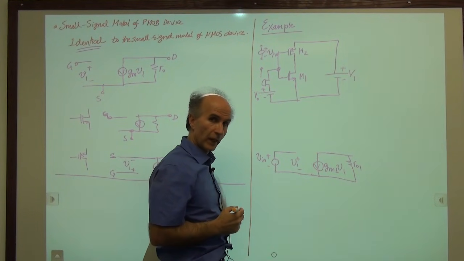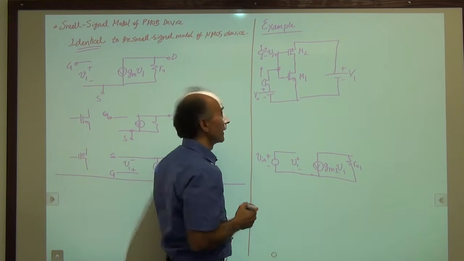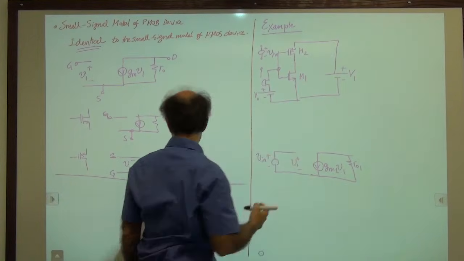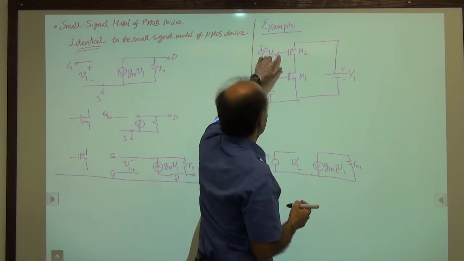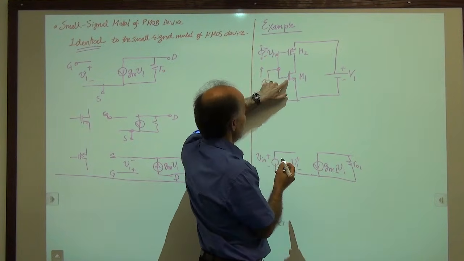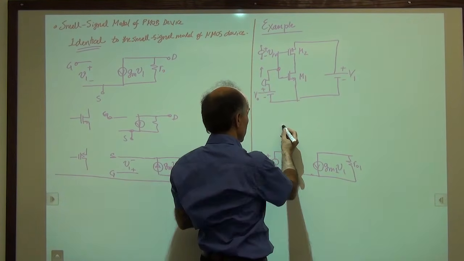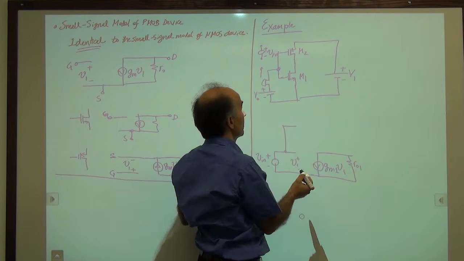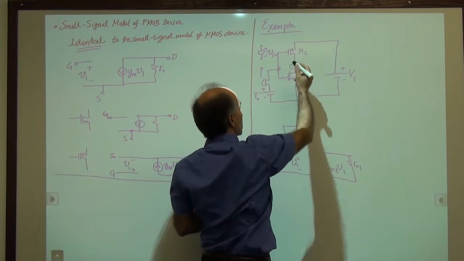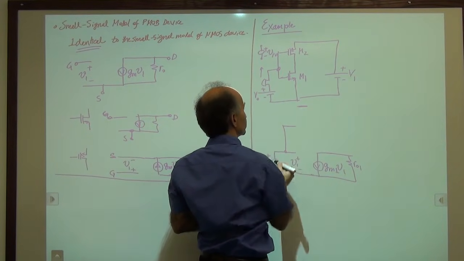All right, let's go to M2. M2 is drawn upside down, so I have to draw the small signal model upside down. It has a gate. The gate happens to be shorted to this gate. So just go up here, and we have a gate here. This is the gate of M2. It has a source up here, so that's the source.